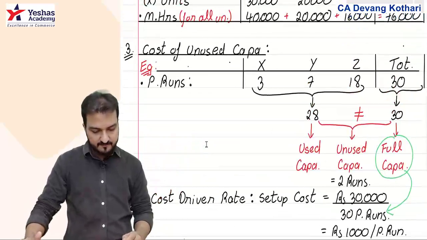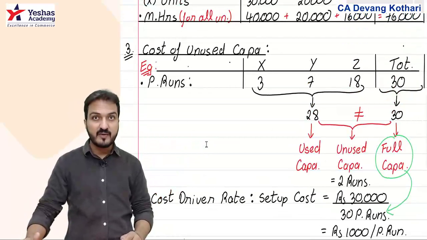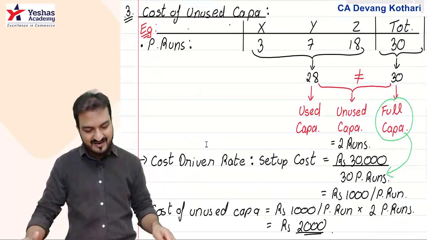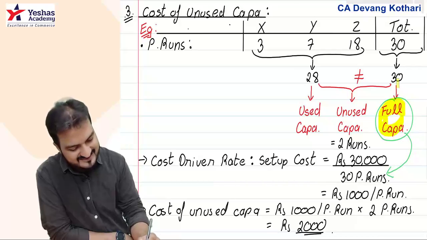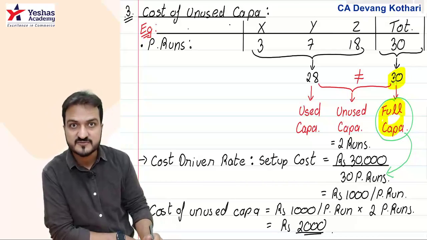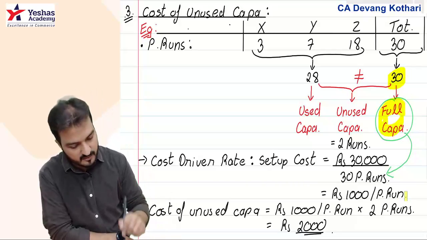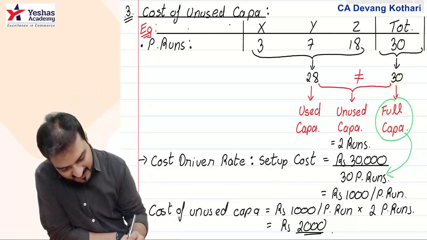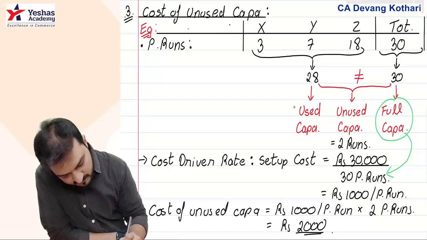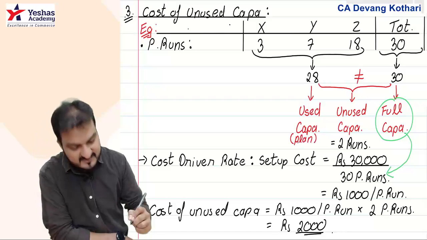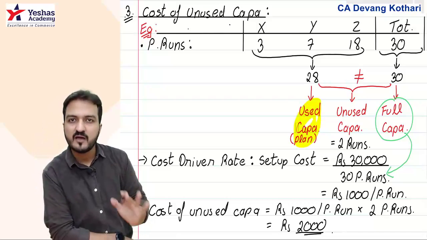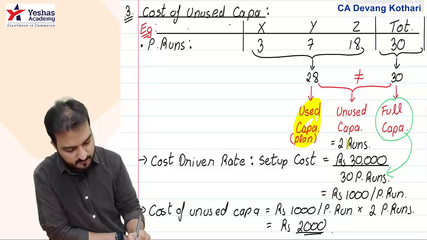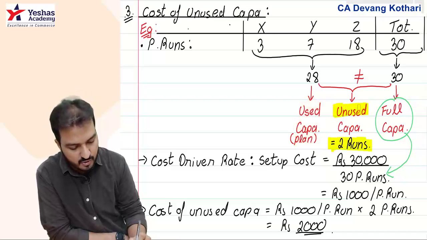Imagine that at the beginning of the year, I already know that my full capacity is 30 production runs. But since the beginning of the year, I have planned to use only 28 production runs. So these 2 production runs are unused.